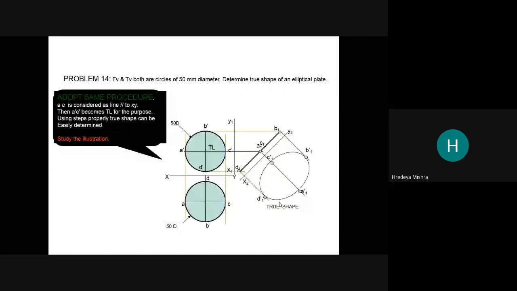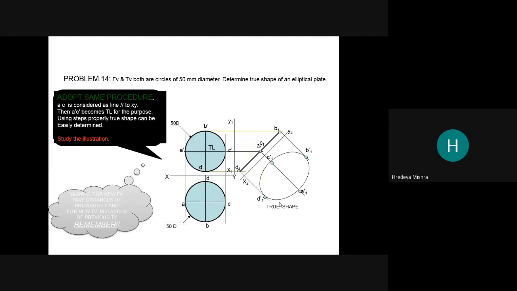In this problem your main motto is that you first find x1 y1, which is perpendicular to the true length, and x2 y2, which is parallel to your second top view.